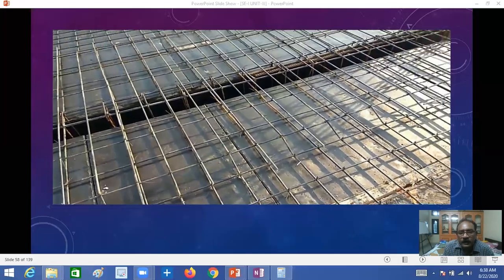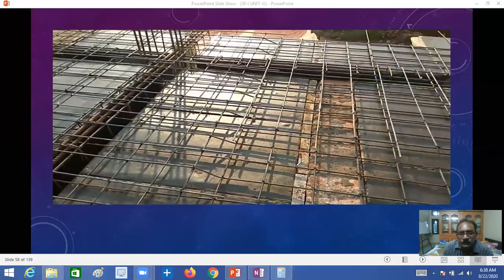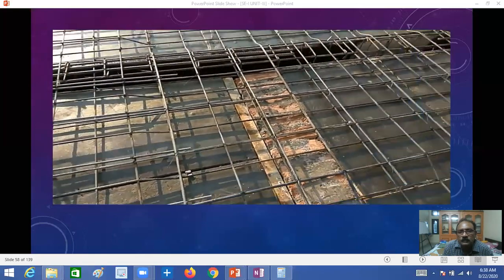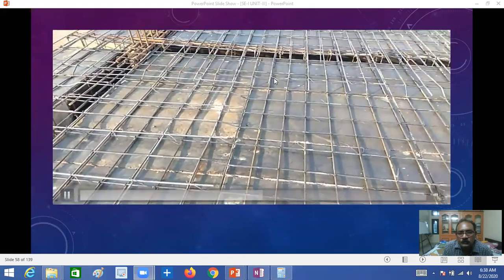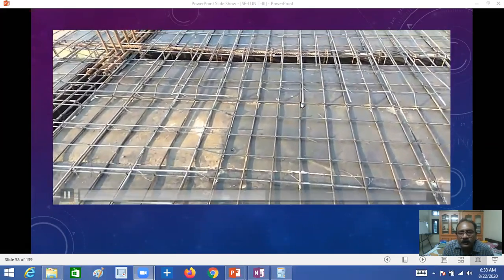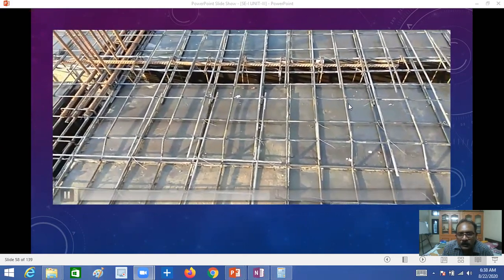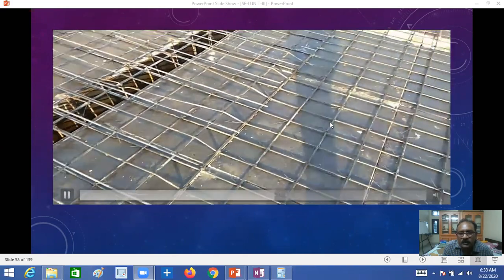Observe carefully how the reinforcement is provided. The main bars are at the bottom, on the shorter span side at the bottom, and on the longer span side at the top. Observe carefully.